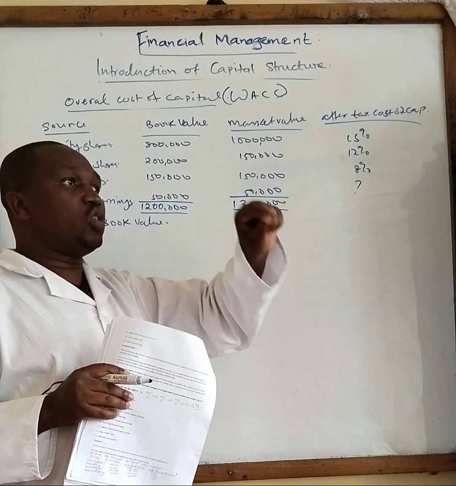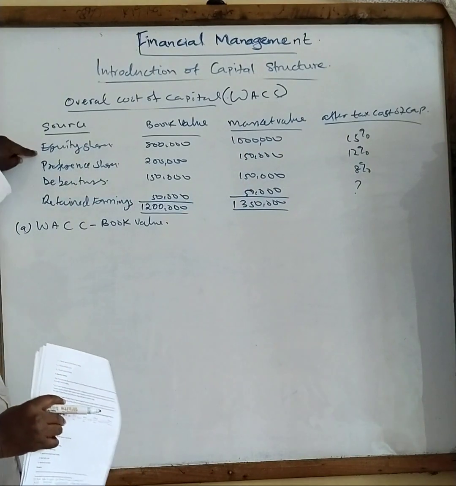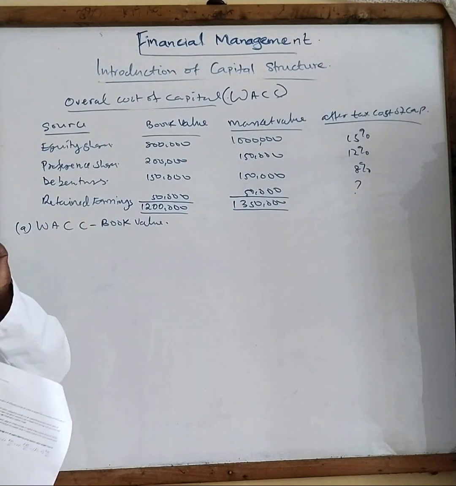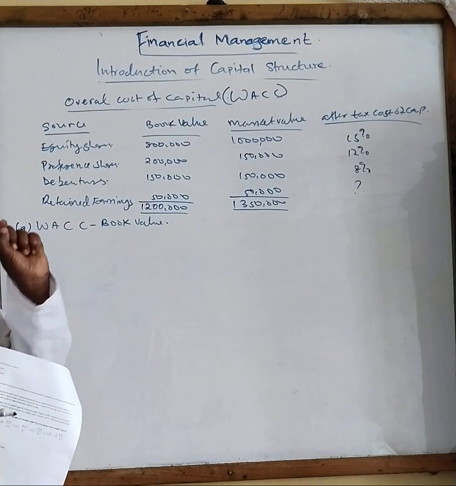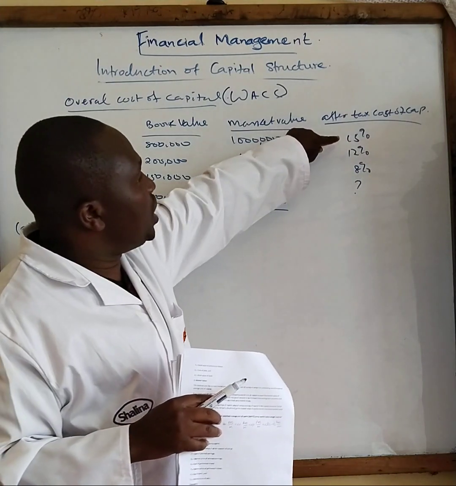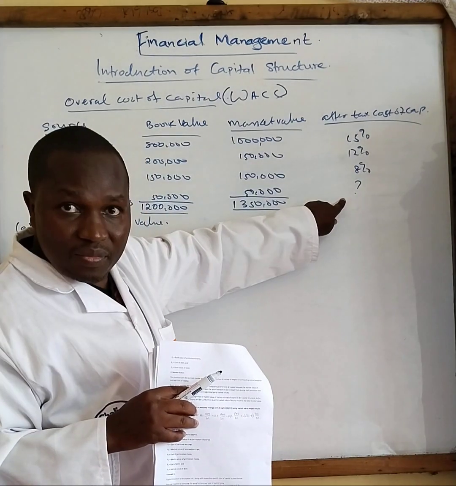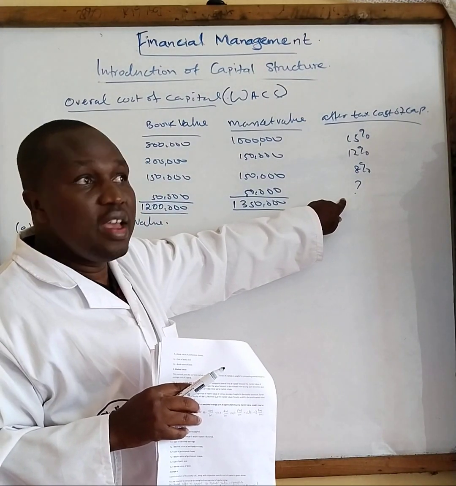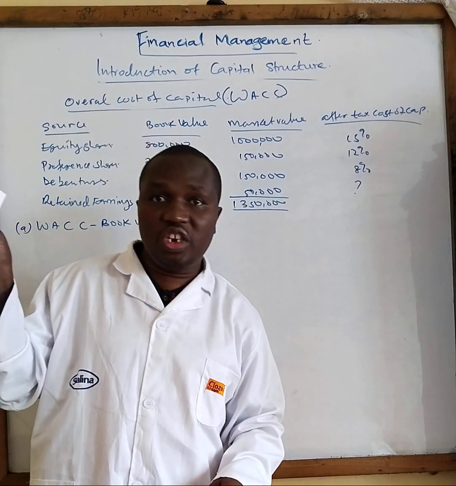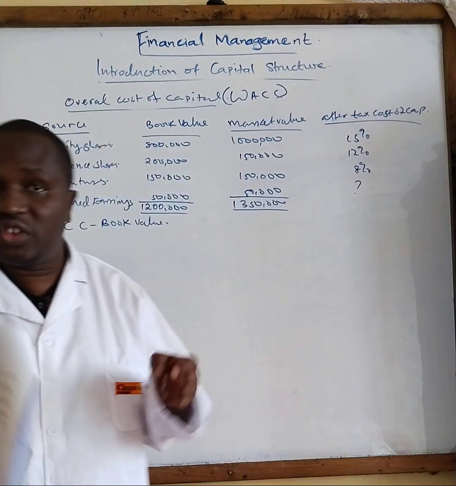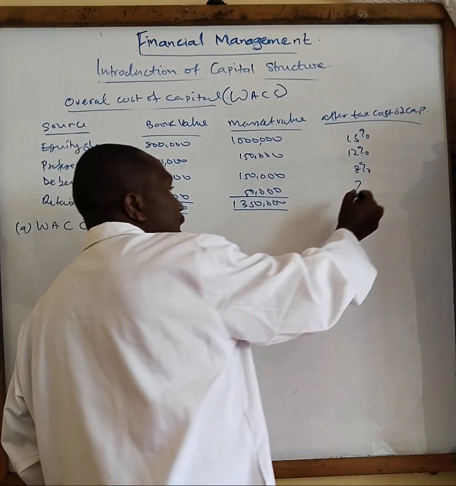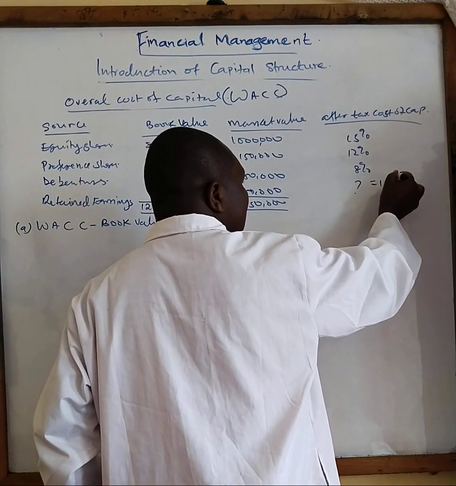The formula used to calculate equity is the same as the formula used to calculate retained earnings. Therefore, this cost of equity is the same as the cost of retained earnings. From the question, we have not been given anything to do with the flotation cost. So we can now say the cost of retained earnings is the same as 15%.